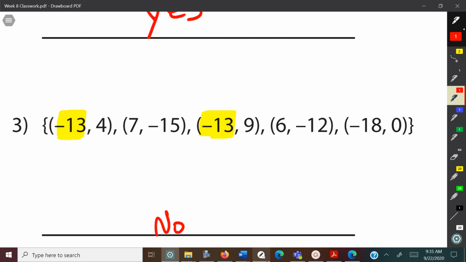Now keep in mind it only relates to the x value. If you have two of the same y values, it can still be a function as long as it's not two x's.